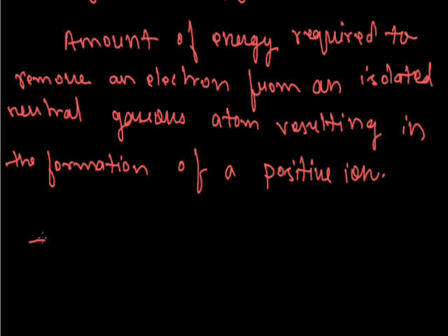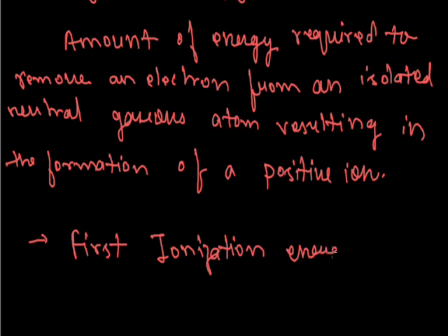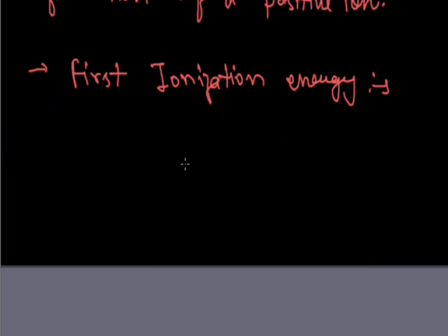In this we will discuss various ionization energies. One is first ionization energy. It is the amount of energy which is required to take out the electron from a neutral atom.